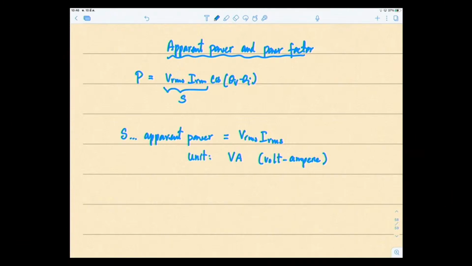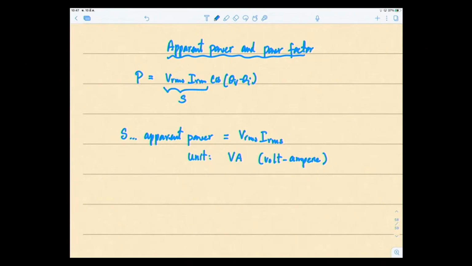So from now on, if you see the unit VA, this number is referred to as apparent power. It's called the apparent power because it seems apparently that the power should be voltage times current, and the unit VA is to distinguish it from the average power, or the real power.